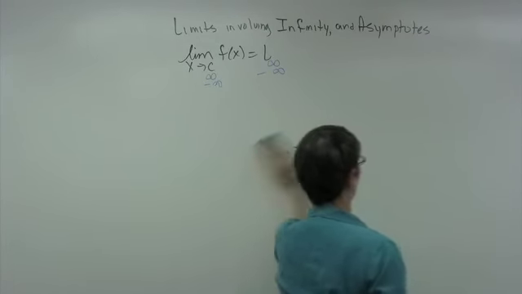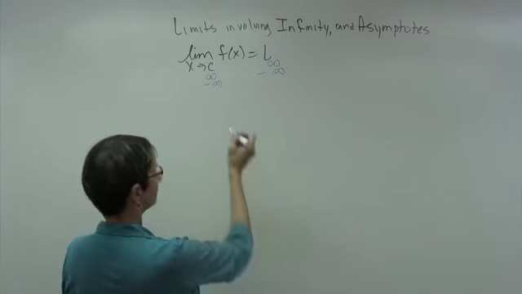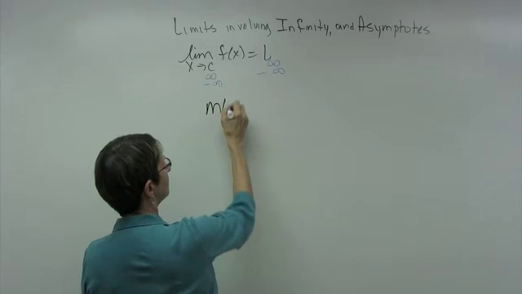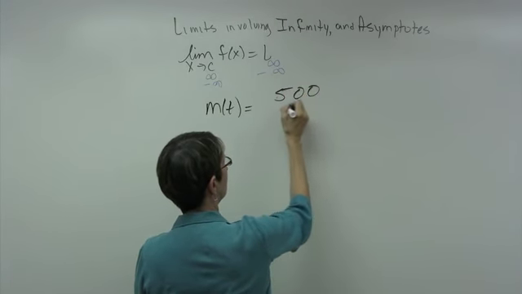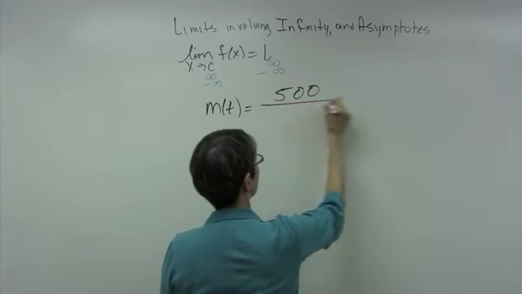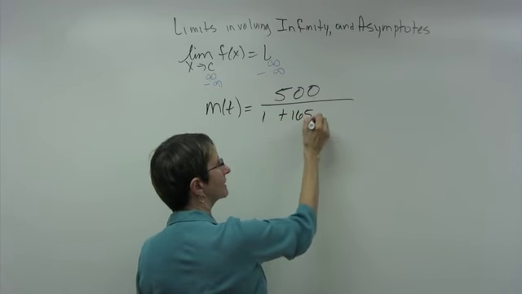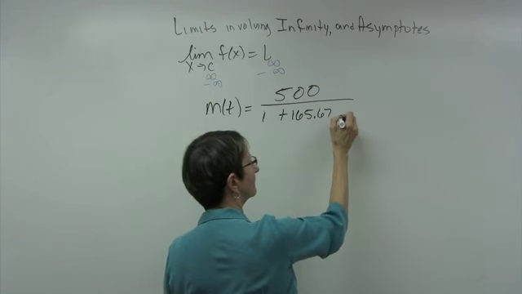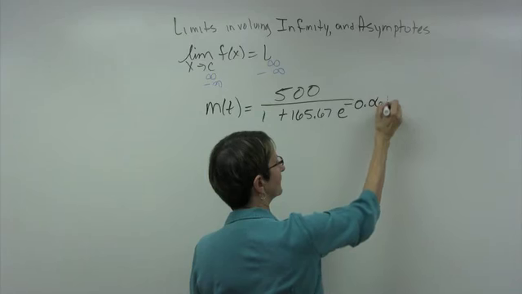It's the logistic function. Now we have a logistic function, m of t equal to 500 over 1 plus 165.67 e to the negative 0.06t.